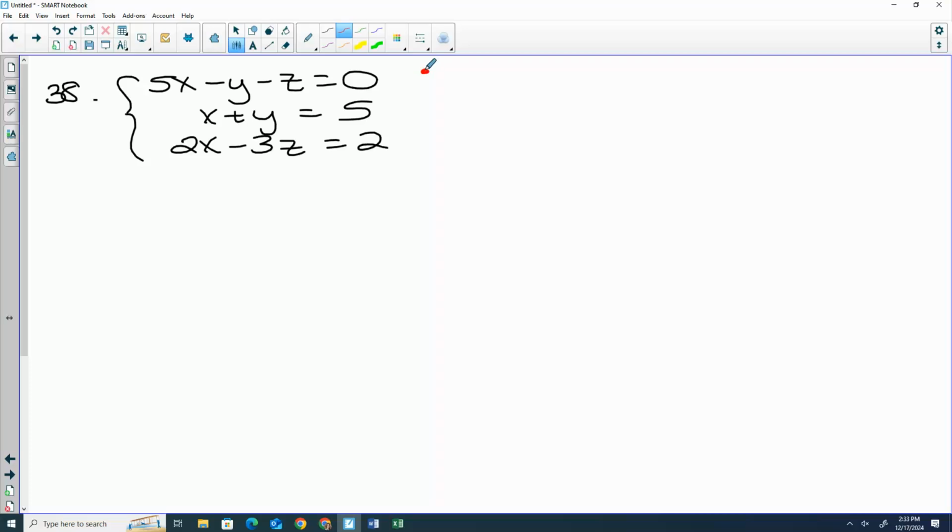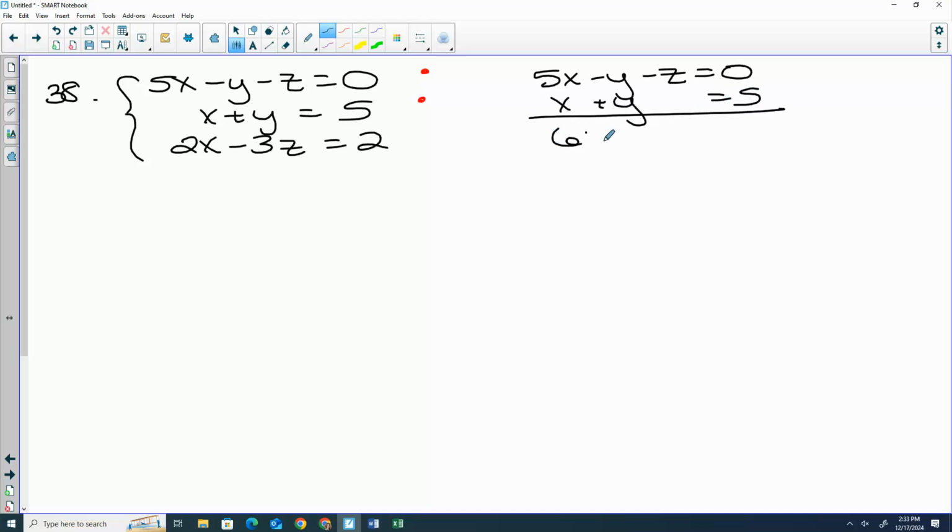So if I wanted to take the first 2, what could we get rid of? Y. Yeah, you could get rid of x or y here. Probably easiest just to get rid of the y because we don't even have to do anything. If I add those, I get 6x minus z equals 5.